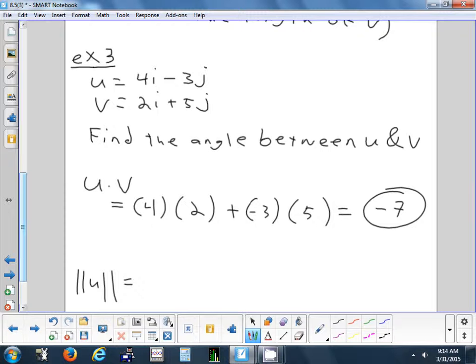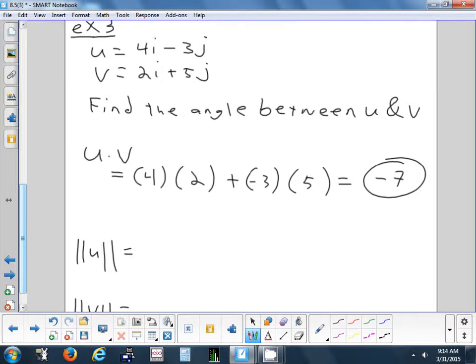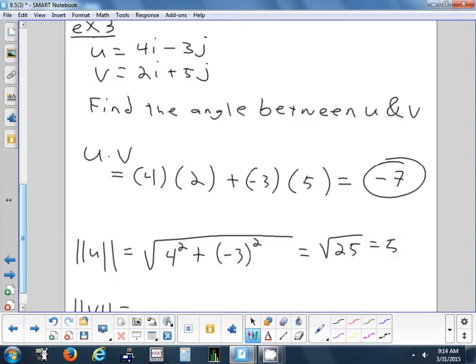Okay, so we've got our dot product. Now we need the length of u. Brandon, I'm going to start with that square root. What's my first step to find the length of u? Square 4. Yep, 4 squared plus -3 squared. Marina, 4 squared is 16, -3 squared is 9. What's 16 and 9? 25. So that's the second thing I need, the length of u.